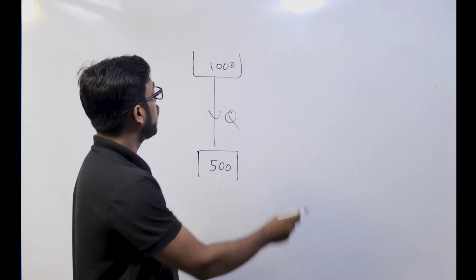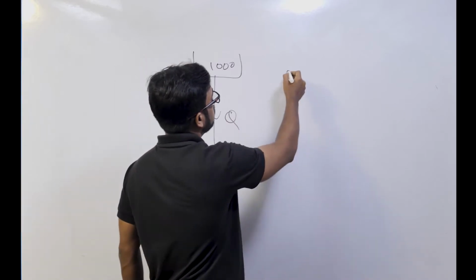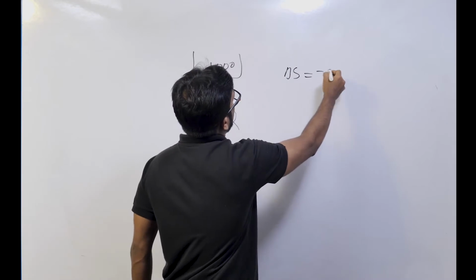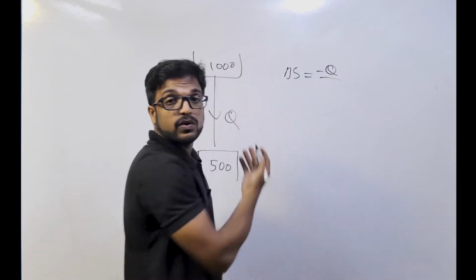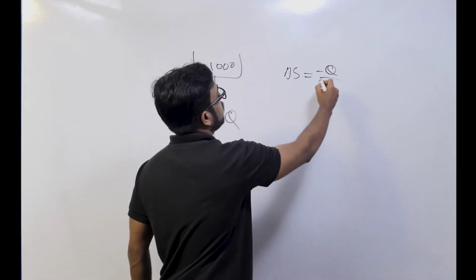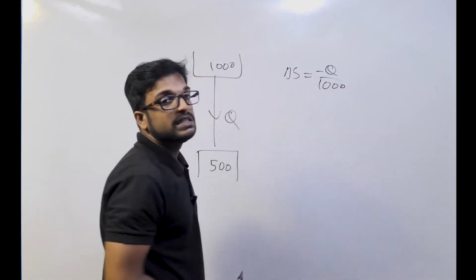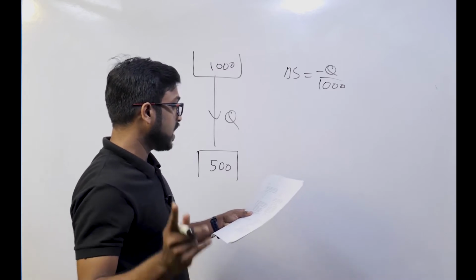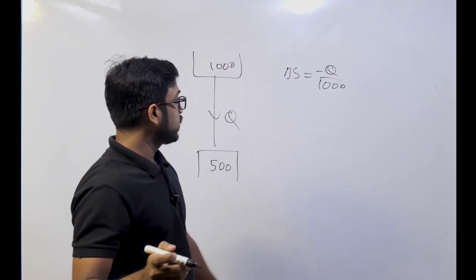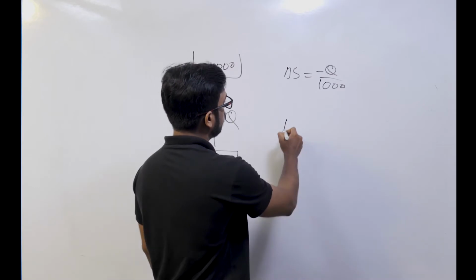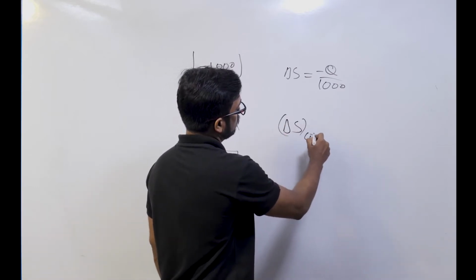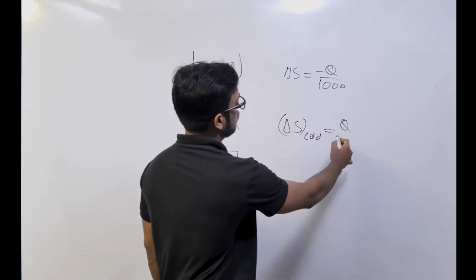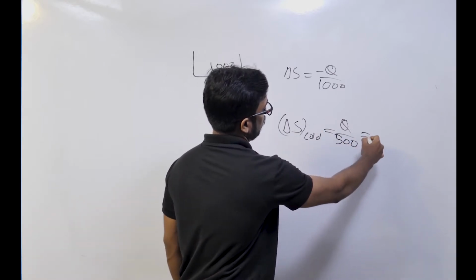Okay, we know how to find the entropy change of the hot reservoir, right? Entropy change of the hot reservoir is nothing but minus heat transfer, since it is losing the heat, right? So minus heat divided by 1000. But I don't know how much heat is transferred. For that they have given a clue that the entropy change of the cold reservoir is 10 kilojoule per Kelvin. We know how to find the entropy change of the cold reservoir, that is nothing but Q by 500, since it is receiving some heat at 500 Kelvin, which is given as 10.